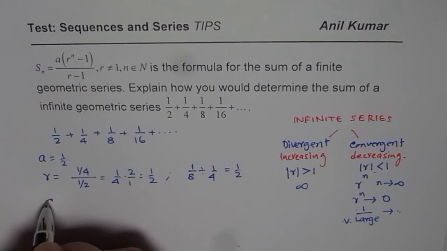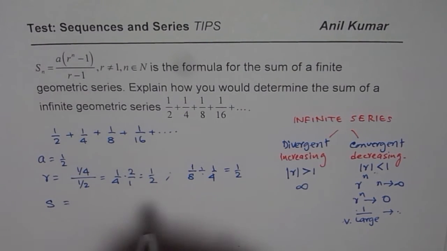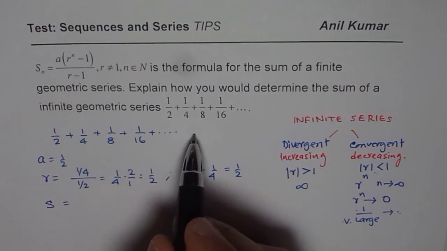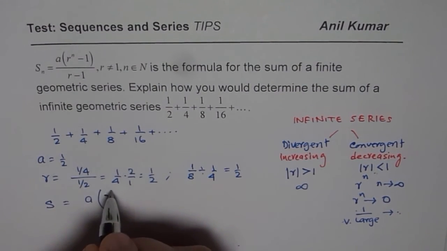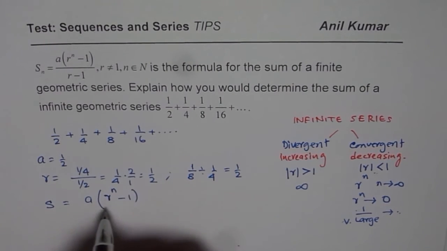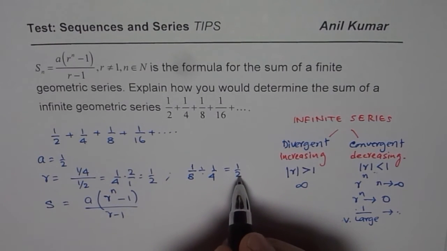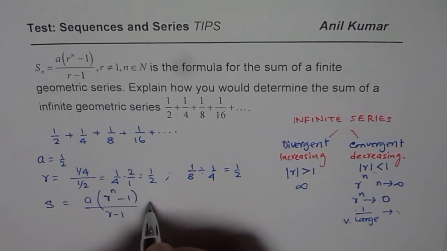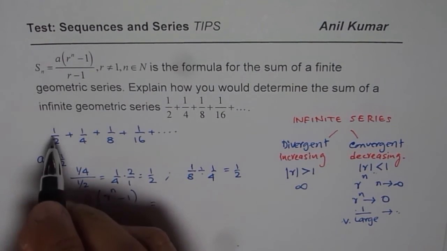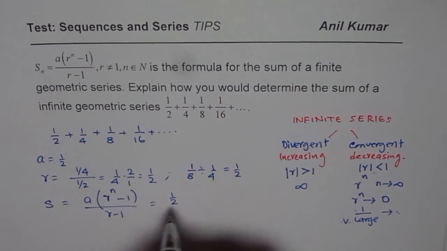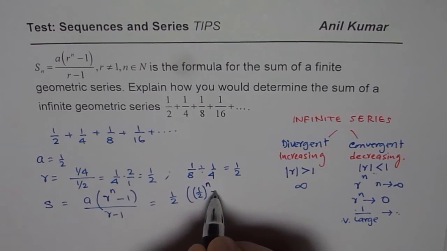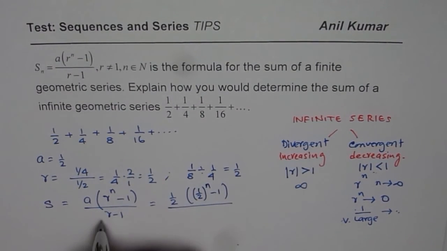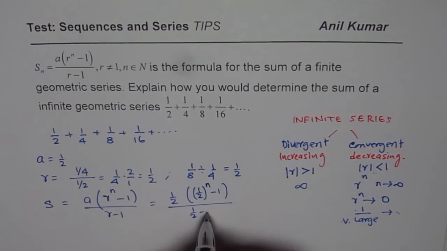Now if I have the sum of this series where n is very large, infinite, then applying the same formula, a times r to the power of n minus 1 over r minus 1, with a as half and r as half, we get half times half to the power of n minus 1, divided by half minus 1.